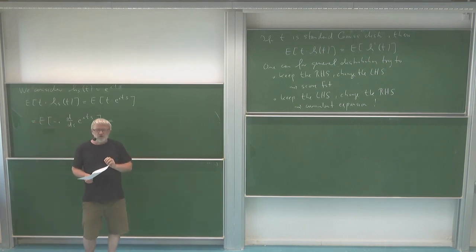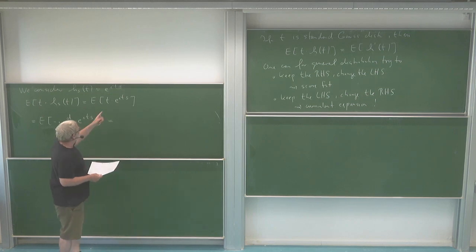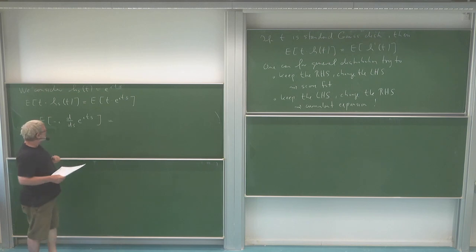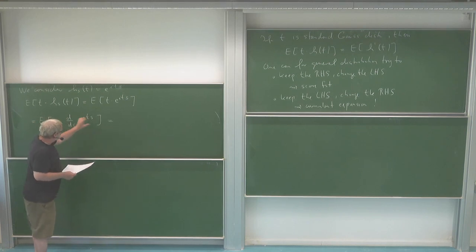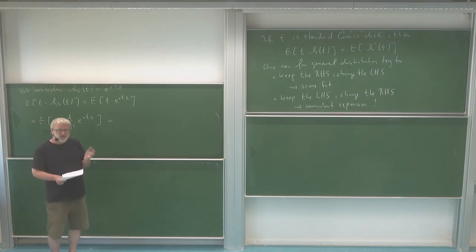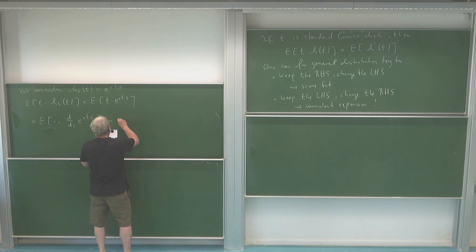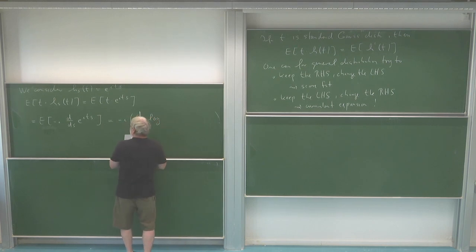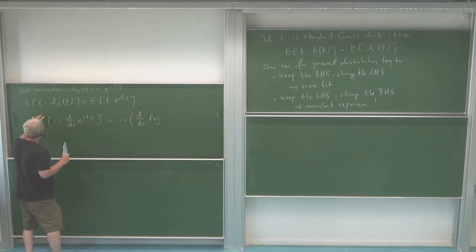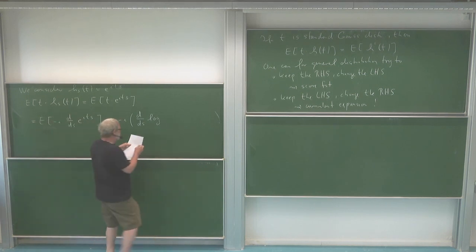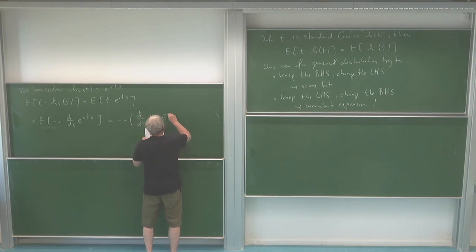And now I also want to have back my guy here without the derivative, and this means I take the derivative of this guy, but I also divide by it so that I get it back. Let me write it down. Maybe it's a bit strange, but anyhow. So here I have the derivative of the expectation of this guy, but now I take the derivative of the log of the expectation of this guy. So this is this.